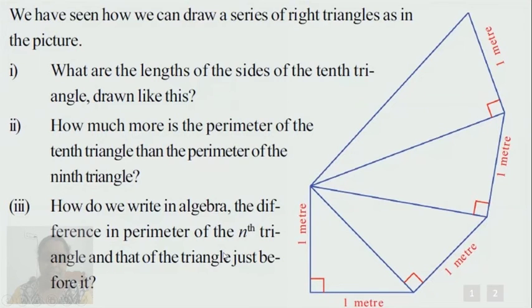That is, we want to find the perimeter of nth triangle and the perimeter of the triangle just before the nth triangle. That is the n minus 1th triangle.